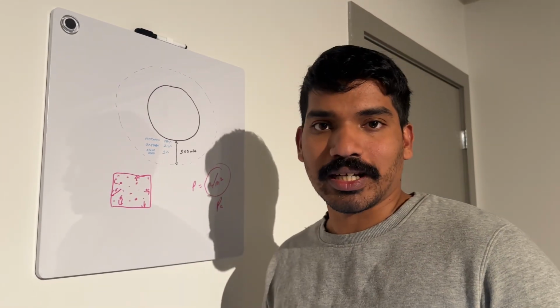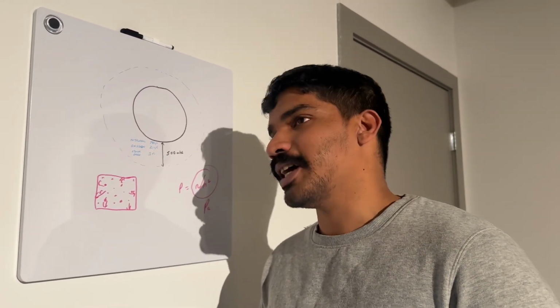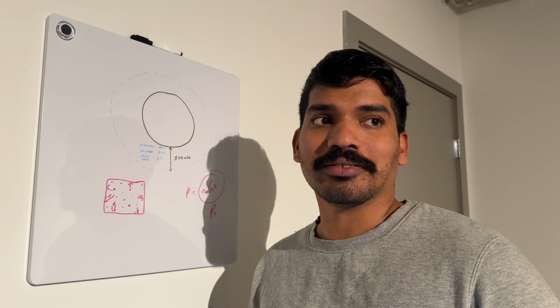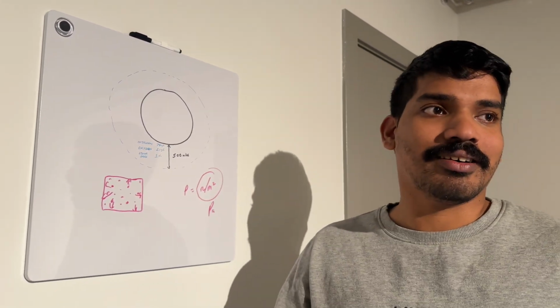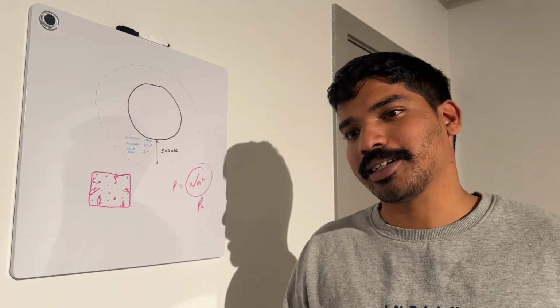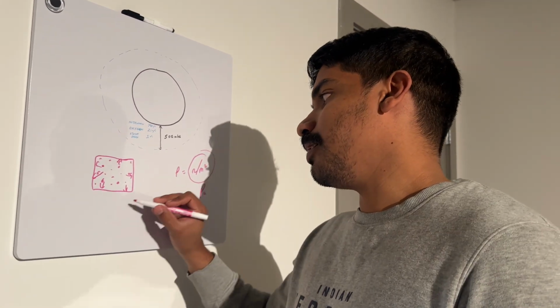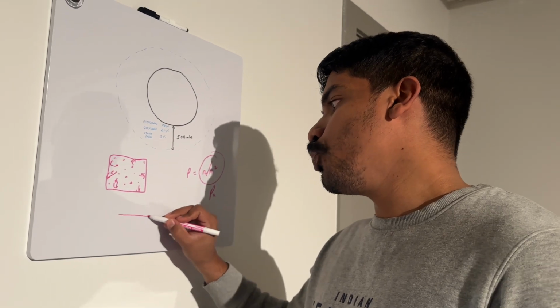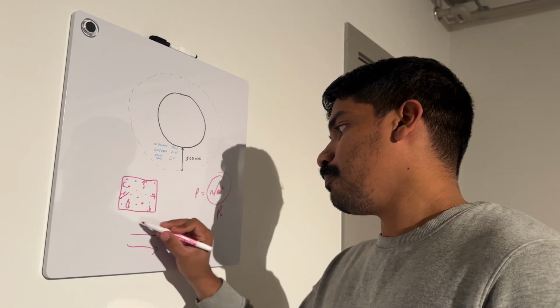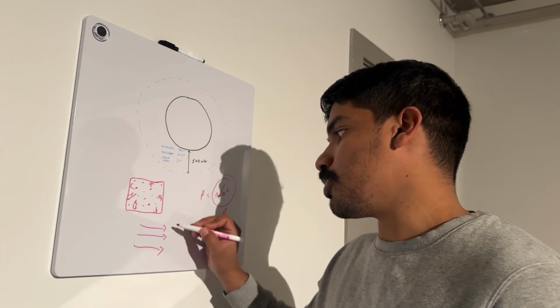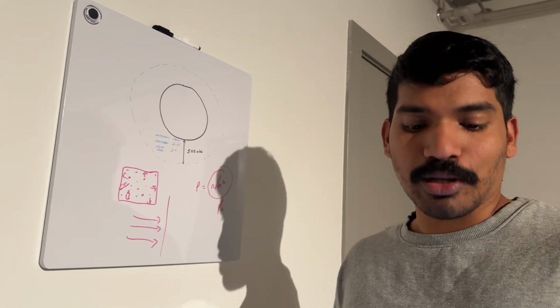Now there is something called dynamic pressure. In basic English, dynamic can be related to movement. So let's say when a moving particle of air is brought to rest against a surface, that can be called dynamic pressure.